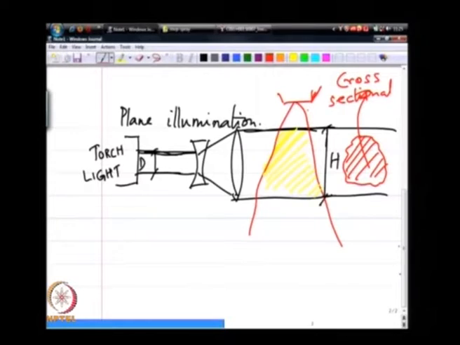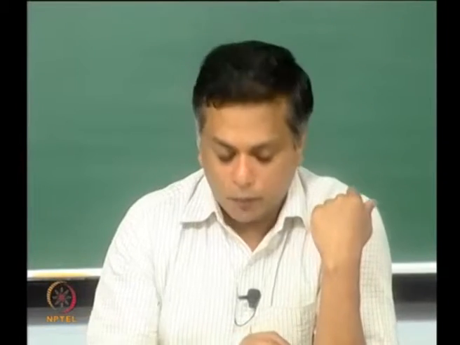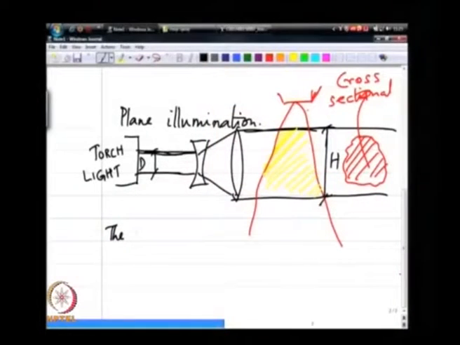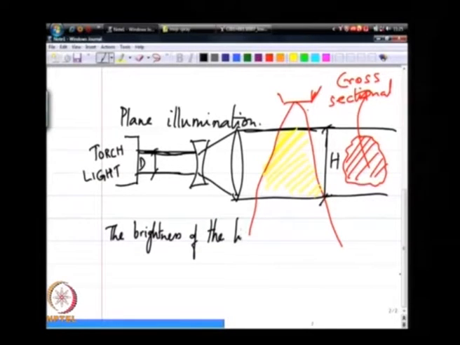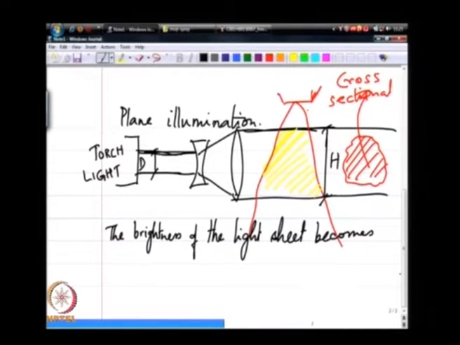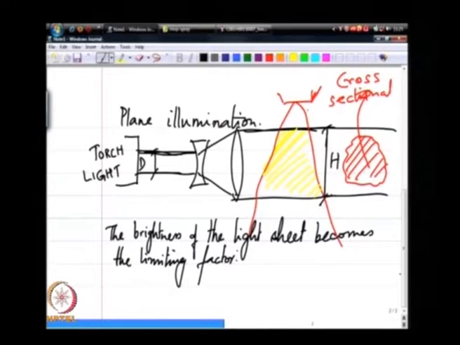The only problem with this kind of approach really is that the brightness of the light sheet is quite limited, because you are unable to pack enough light into it. The brightness of the light sheet becomes a limiting factor.